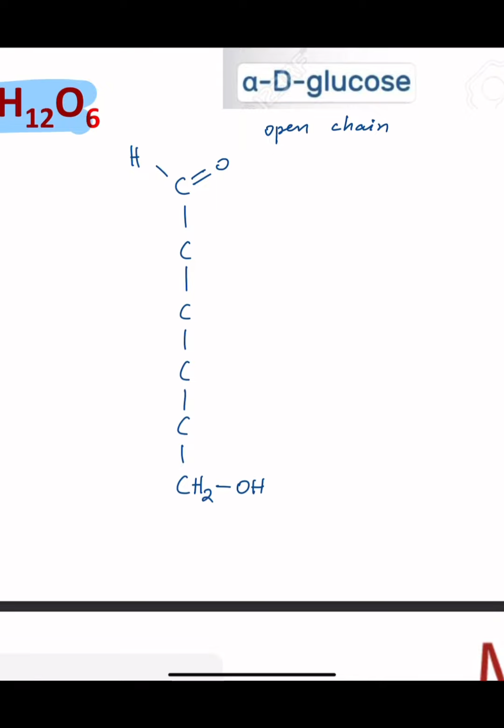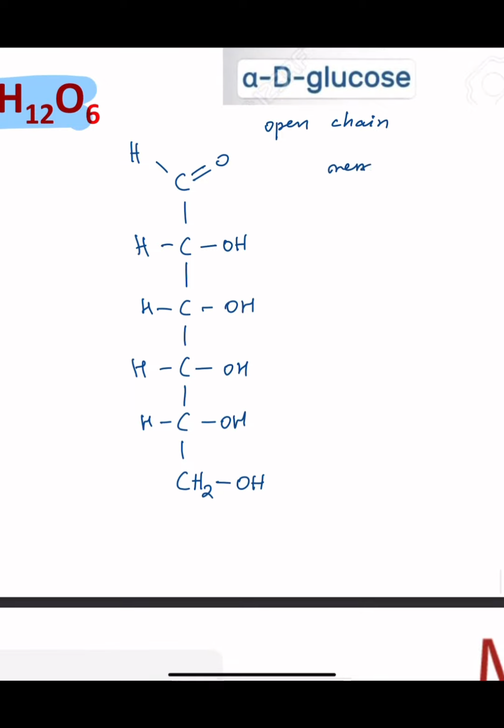Now all the other carbons in between will have secondary alcohol. Just HOH, HOH. You need to know this by heart, meaning that you need to memorize this. Okay? Memorize. Now, we're going to number this 1, 2, 3, 4, 5, and 6 carbon.